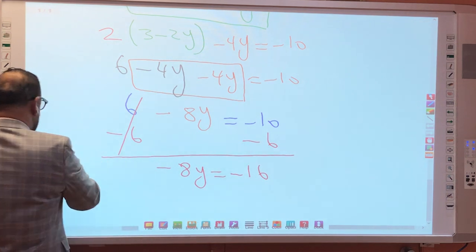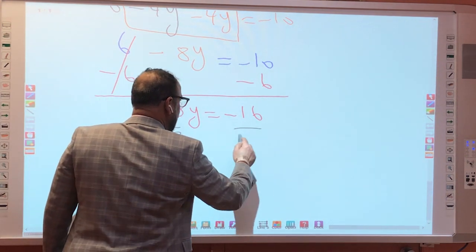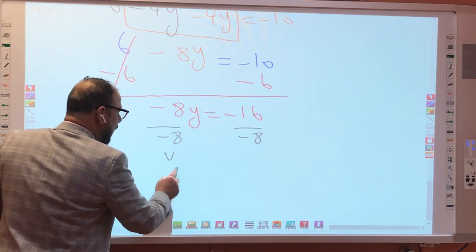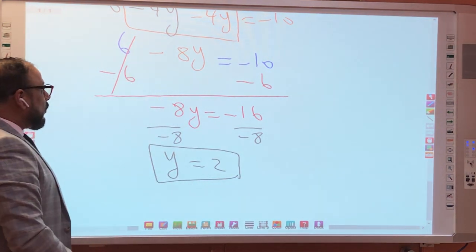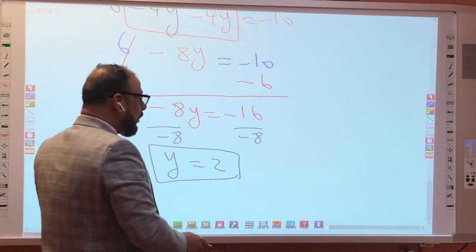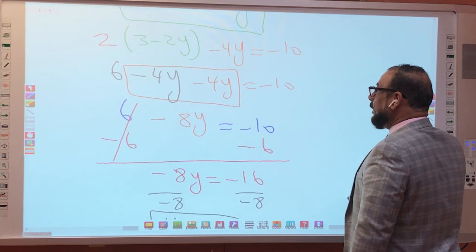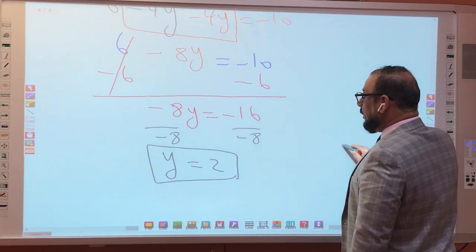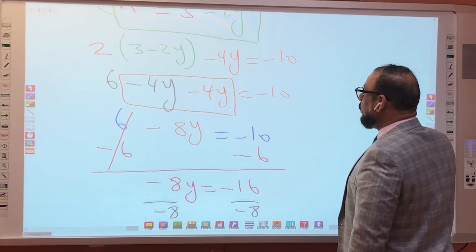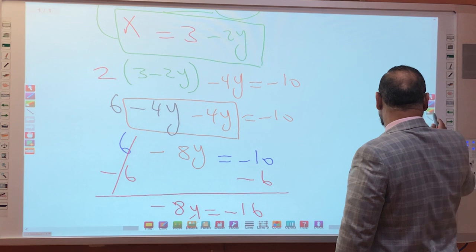We are lucky with this problem. y equals 2. Wow, we get y as a whole number. Then to solve for x, we take the value of y into one of the equations we have, which is easy to do with the one we solved.